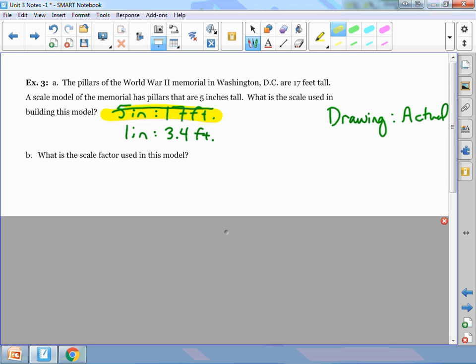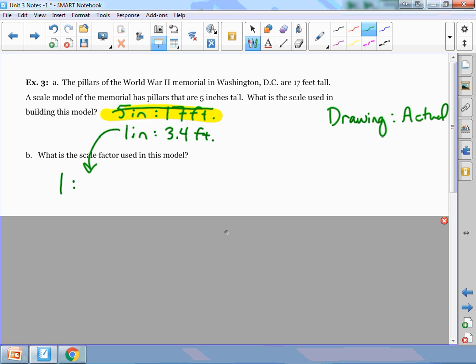All right? So then what's the scale factor? Once we've created our scale, we can then convert that into a scale factor, same units. Going to be 1 to something.